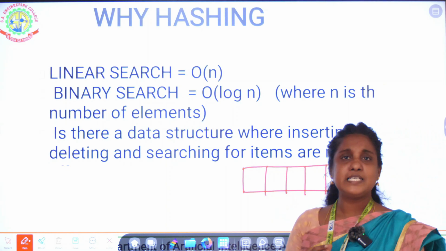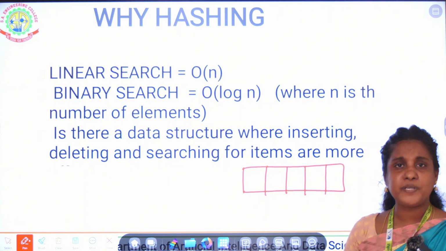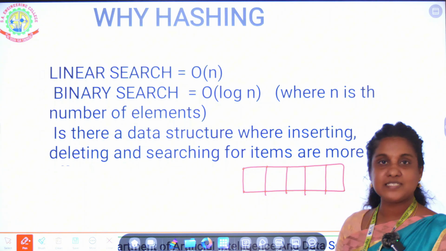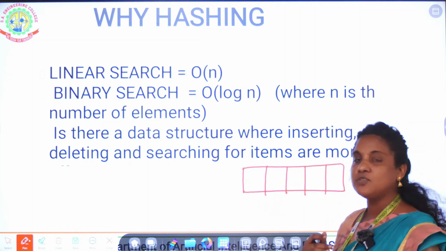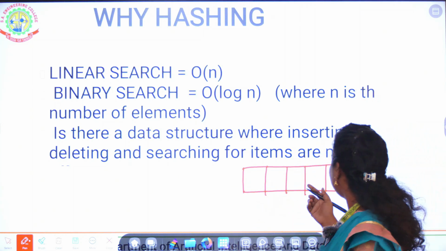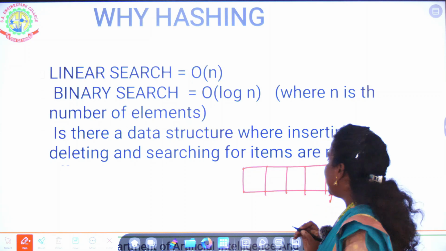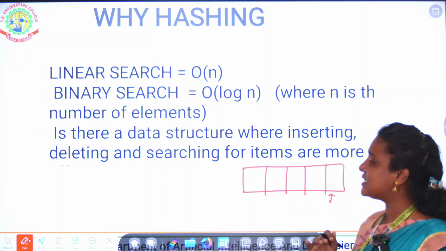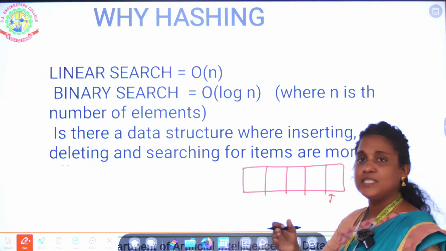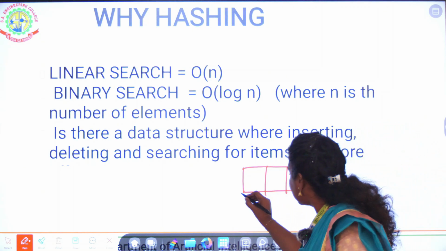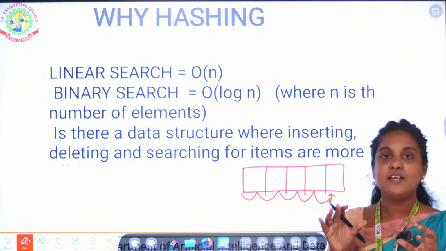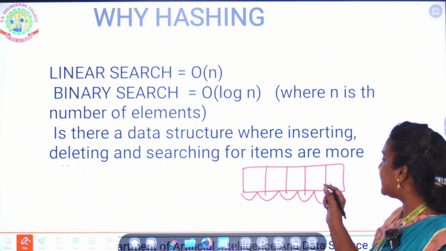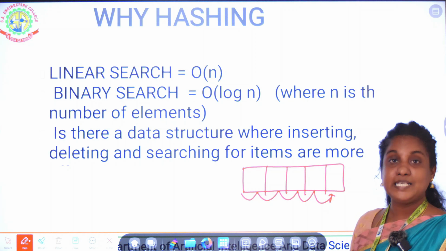But the thing is, it will perform any operation linearly, as the name suggests. So I want to search some element which resides at the nth location. Linear search will start from 0 and it will keep searching linearly until the data element is found. So here it performs linearly.